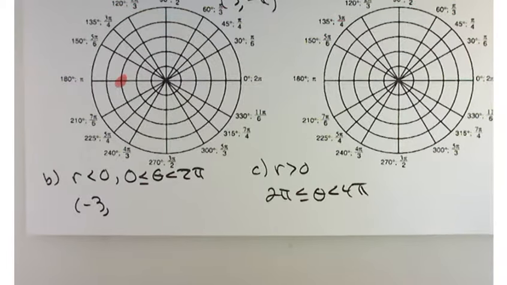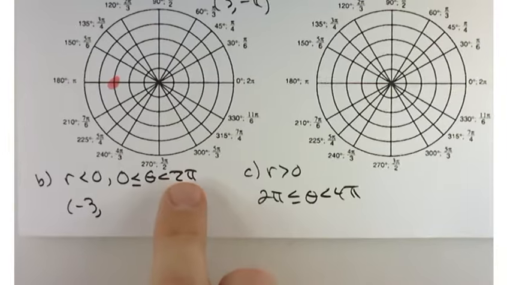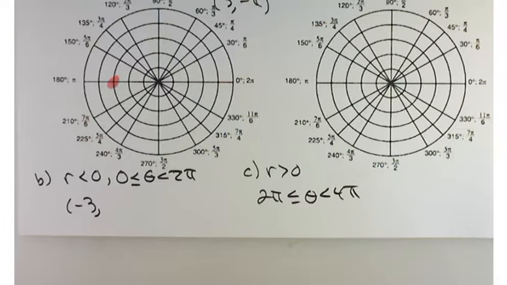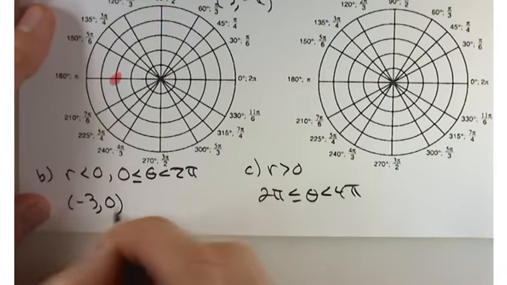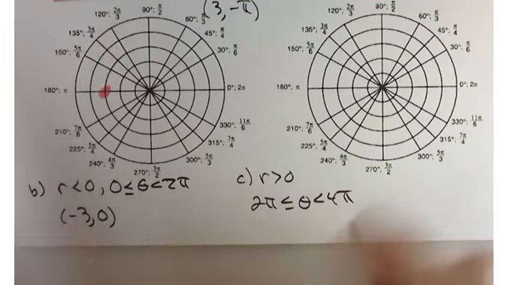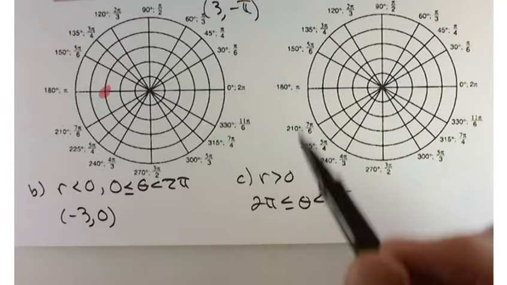There's only one choice. What's that? 0. Now, 2 pi is tempting, but 2 pi is not one of your choices, is it? No, 2 pi is not a choice, so the only other choice then is 0. So negative 3 and 0. Good on A and B?